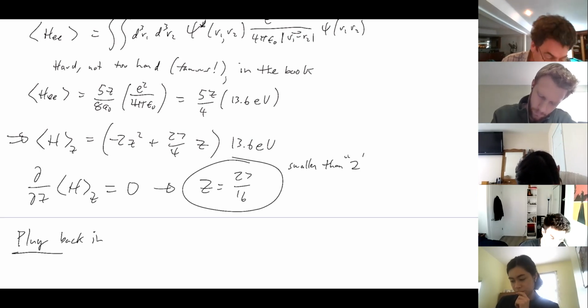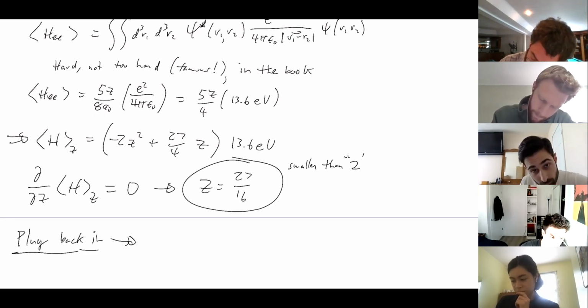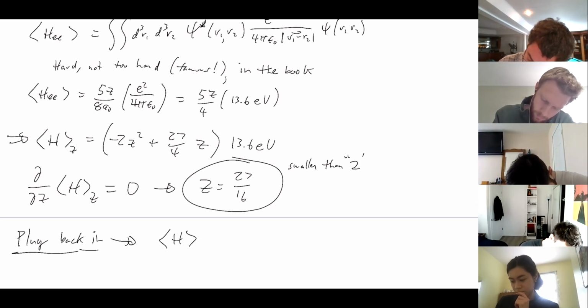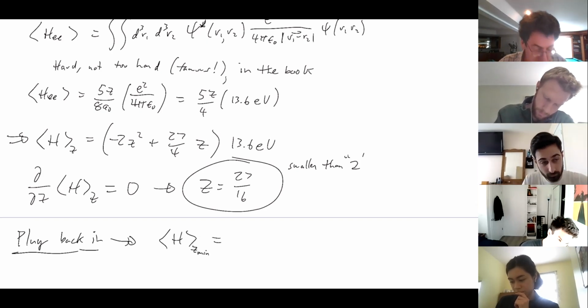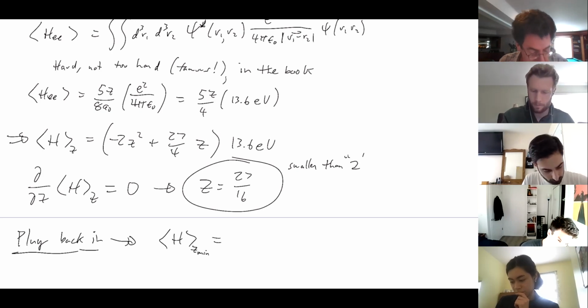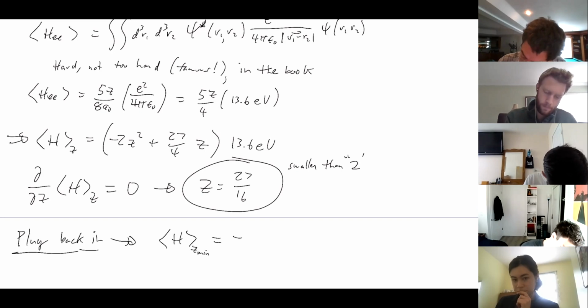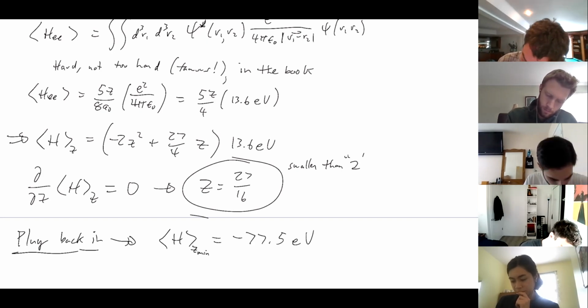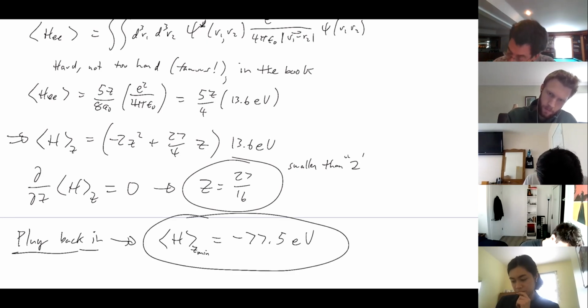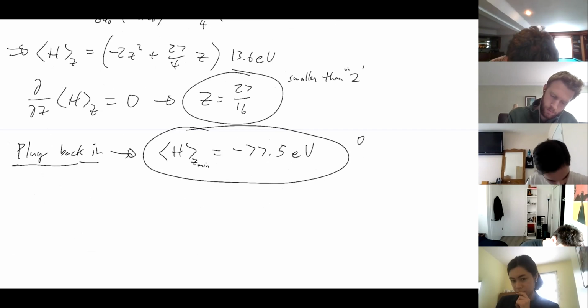Let's plug that back in. And what you get is the expectation value of H for the z that minimizes it, and you get this number: minus 77.5 electron volts. And notice that that's only 2% off.